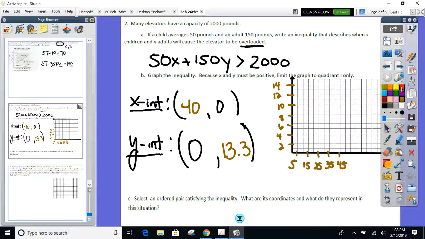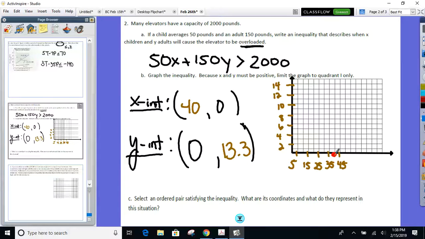All right, 40, 0. And estimate about 13.3 here. Right there.